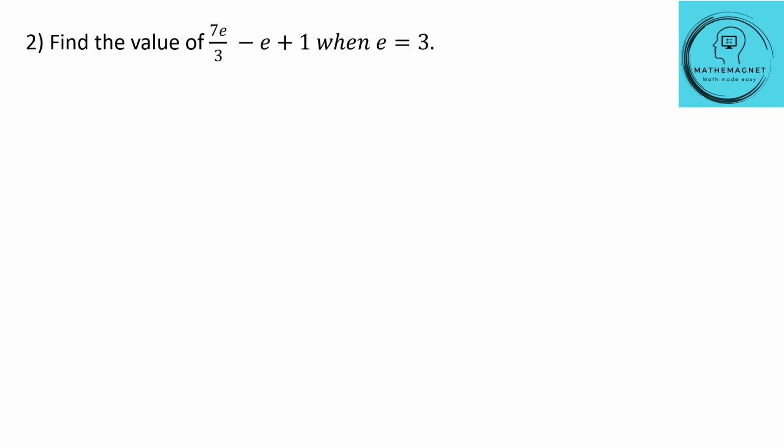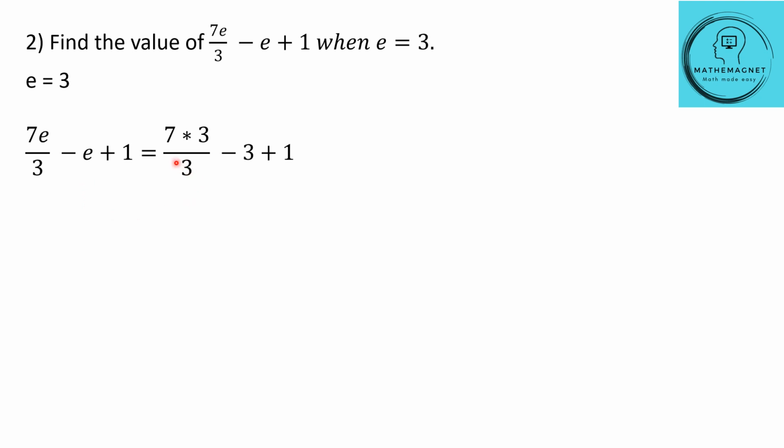Let's look at the second question. Find the value of 7e by 3 minus e plus 1 when e equal to 3. So now we will have to substitute e with the value 3 in the equation given in the question. So when you substitute e with 3, here we will replace the e over 7e and the e here with 3.